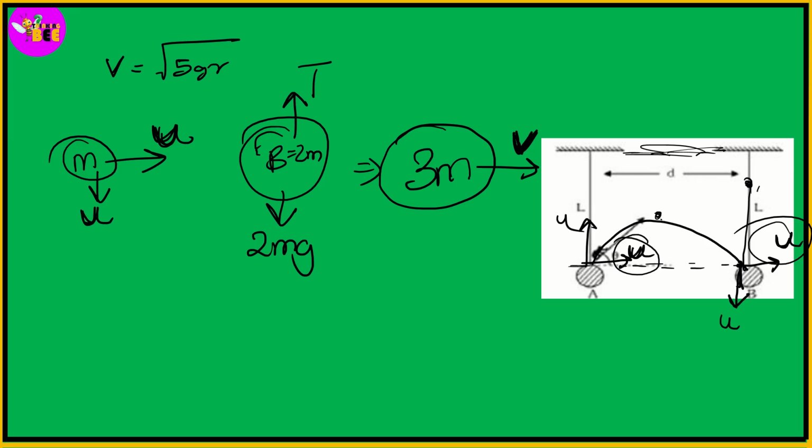The radius will be the string length L. So, we understood that v will be root 5 gr, that is root 5 g L, since the radius would be the length of the string.